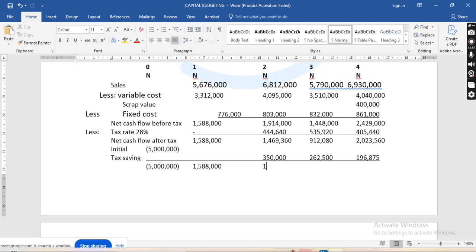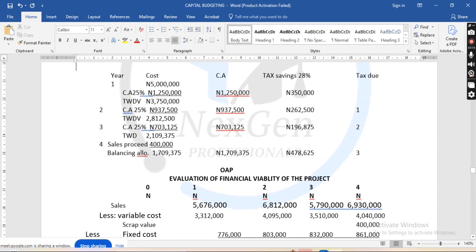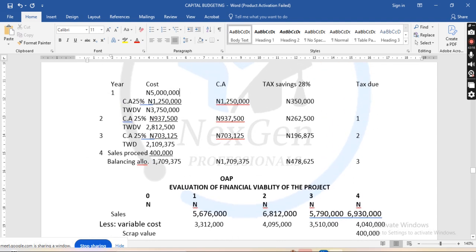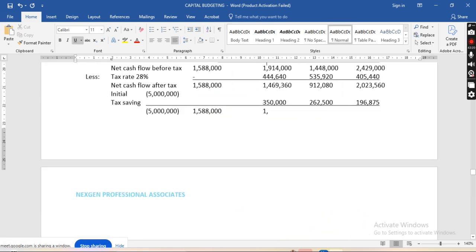Sir, where do you get the 5 million from? Is it from the cost of this asset of the project that you use to determine the tax savings? Yes, the 5 million is the initial cost.